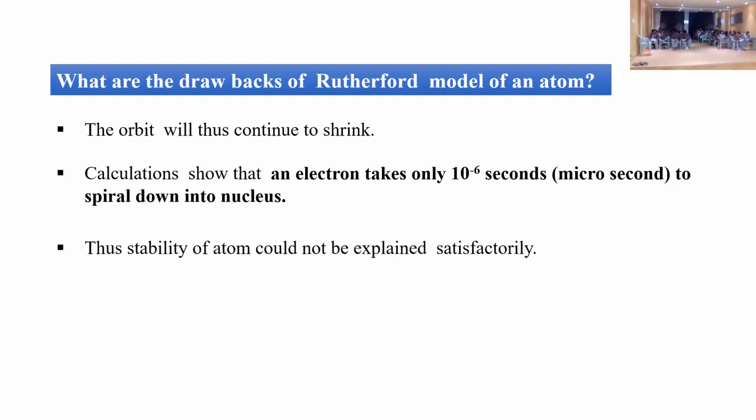the Rutherford's model, right? The calculation shows us, and that can be important, that if we say Rutherford's model is 100% correct, that means the atom is not stable at all. Within 10 to the power minus 6 seconds, it will fall down into the nucleus.